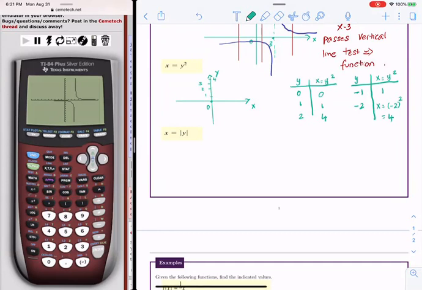Now when y is 0, x is 0. So what we have is that point right there. When y is 1, x is 1. When y is 2, x is 4.